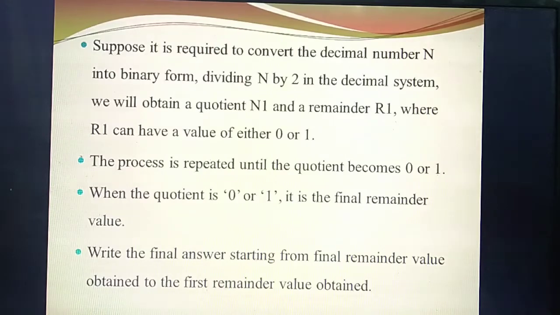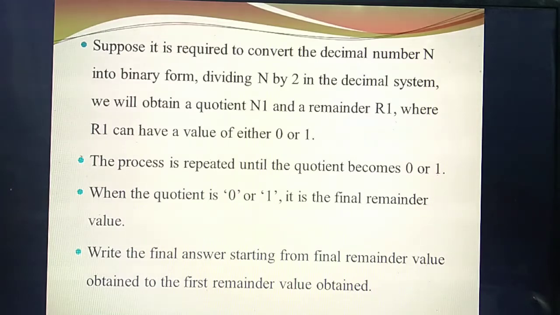So listen. If you are going to convert a decimal number, converting decimal to which format? Binary, isn't it? Each time it will produce a quotient as well as a remainder, and the remainder will be either 0 or 1. This process is repeated till the quotient becomes 0.